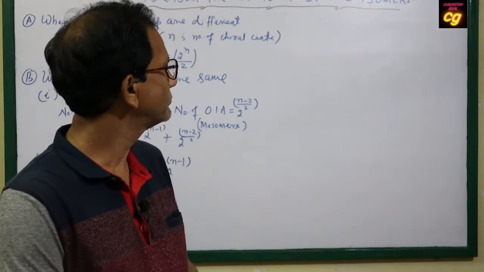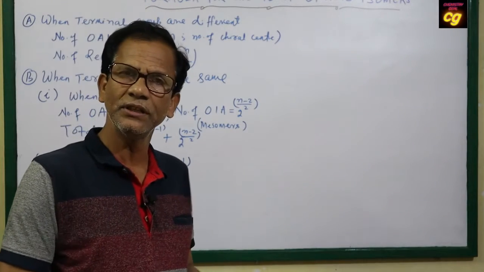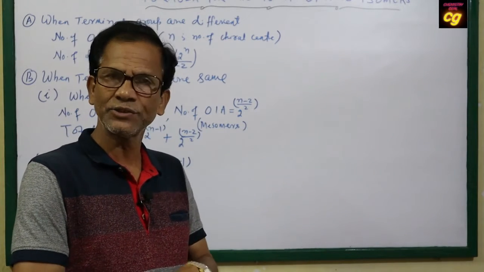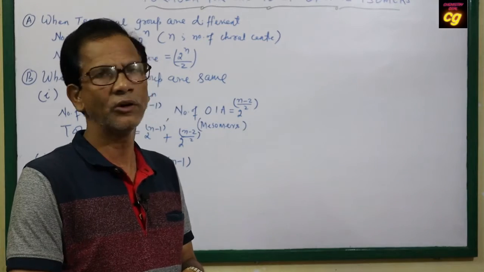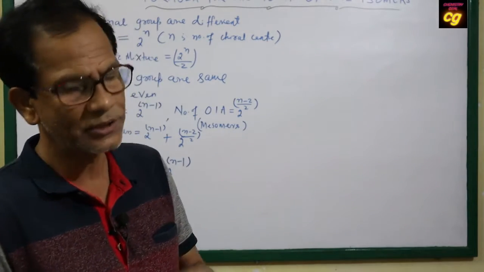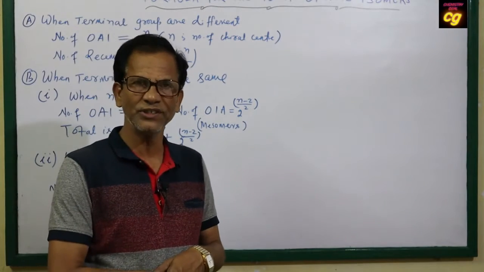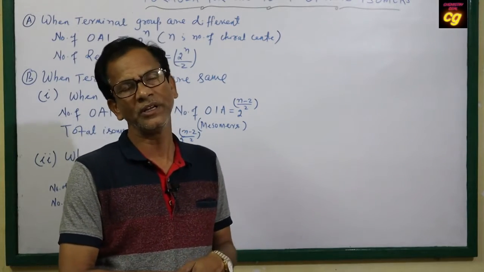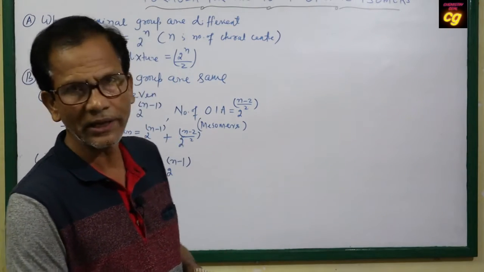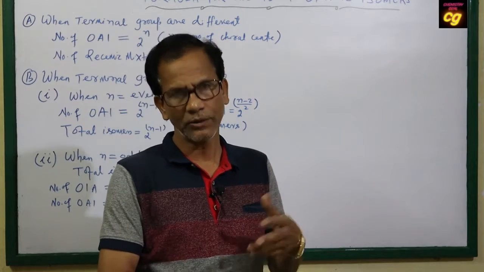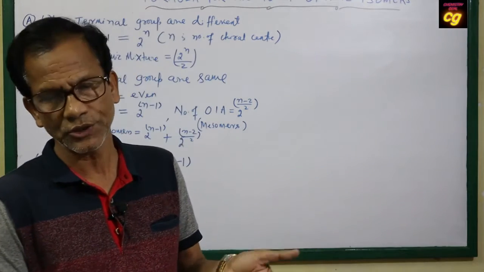isomers are formed. Already we have discussed in the last videos, video number 11, the types of optically active isomers: what are enantiomers, what are mesomers, what are diastereoisomers.